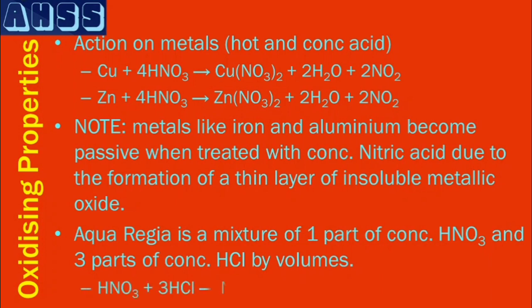When nitric acid reacts with HCl, it gives nitrosyl chloride NOCl plus water plus chlorine, and this chlorine is nascent chlorine. This nascent chlorine is very reactive and it can attack gold and platinum. So noble metals like gold and platinum dissolve in aqua regia.